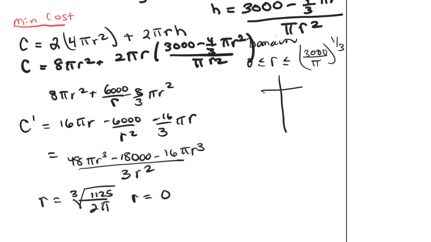So next we'll draw our table of values. Unless you want to find a second derivative, I'm going to say no to that one. Here's my r, here's my cost equation. We'll place our third root of 1125 over 2 pi, as well as 0 and 3,000 over pi to the 1/3 power. Both of these will give us 0.